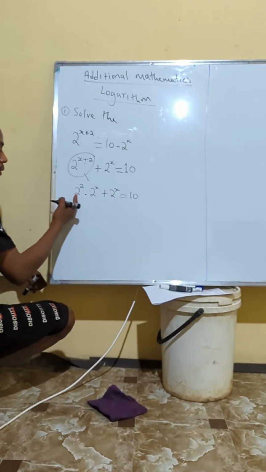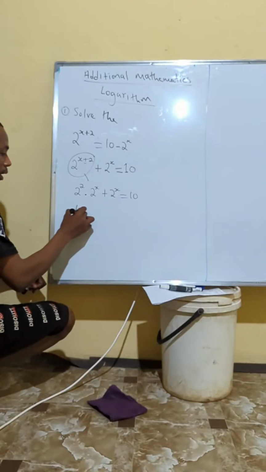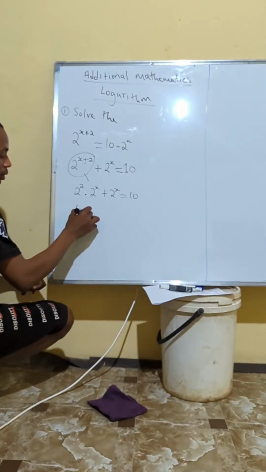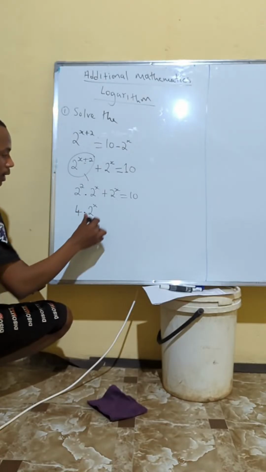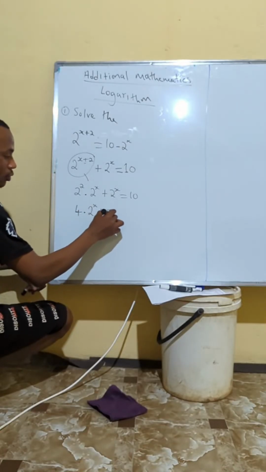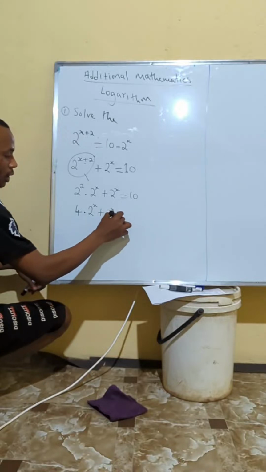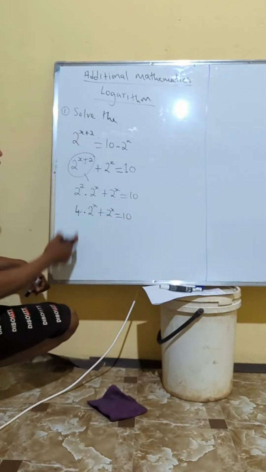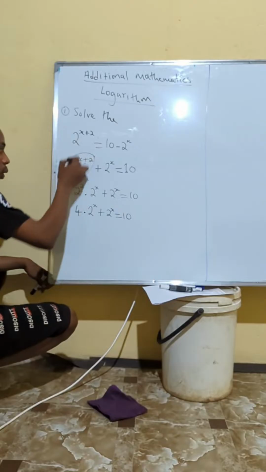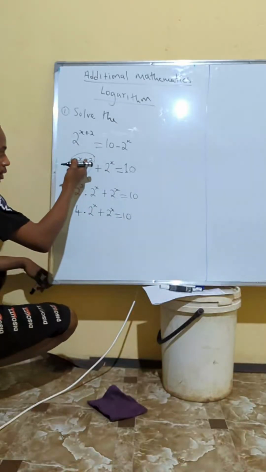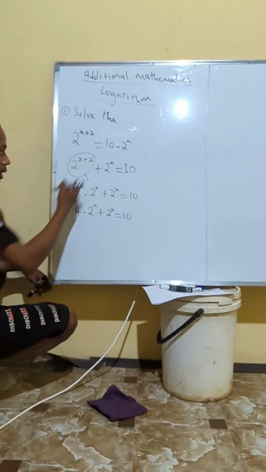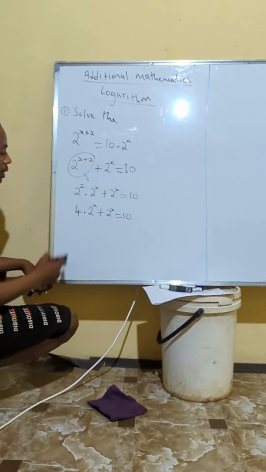Then when we reach here, we know that this will give us a 4 multiplied by 2 to the power x, then plus 2 to the power x is equals to 10. Don't forget, here we apply the law of logs. If it was subtraction, we would have divided. Now, because it's addition, we're multiplying.